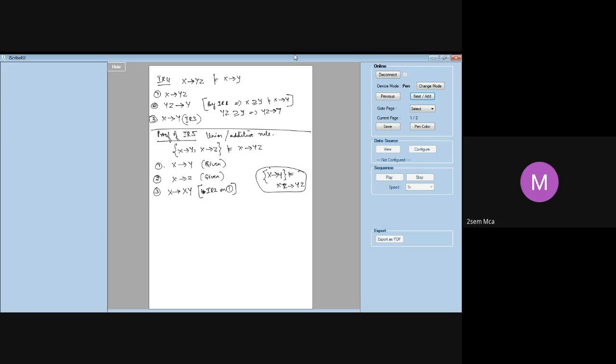If x determines y is given, we can infer xz determines yz because we have added z on both the sides of the dependency. Right? So if I take first one here, given is x determines y. If I try to apply augmentation rule on this, I will apply here x. I am applying x on both the sides.